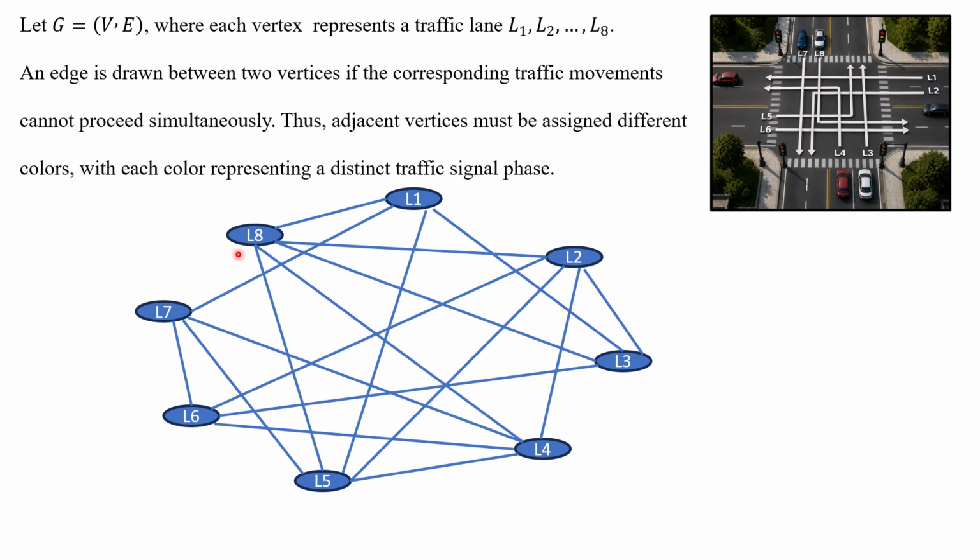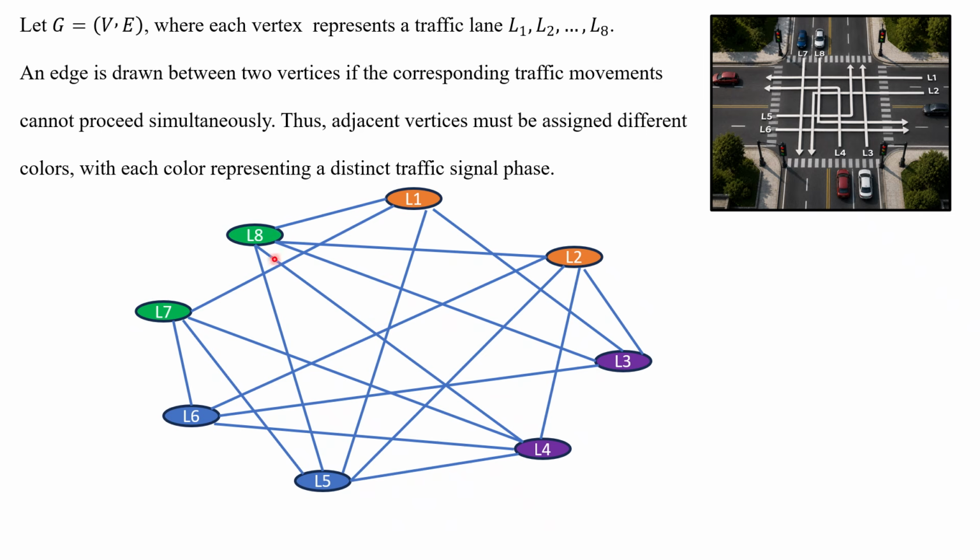So now we have to color the vertices based on the condition that no two adjacent vertices will get the same color. So L1 and L2 are non-adjacent vertices. We are coloring them with orange. L3 and L4 are non-adjacent, with a different color.